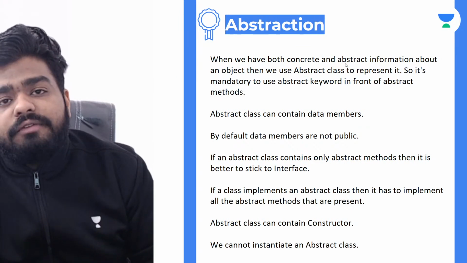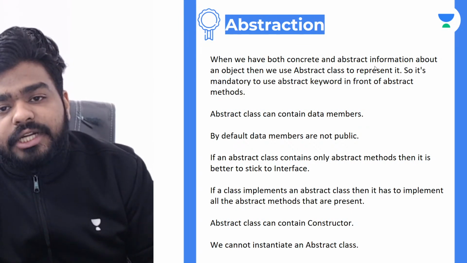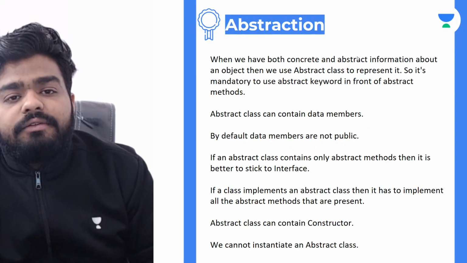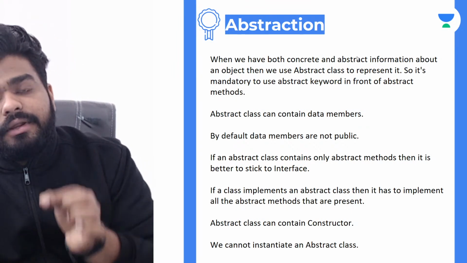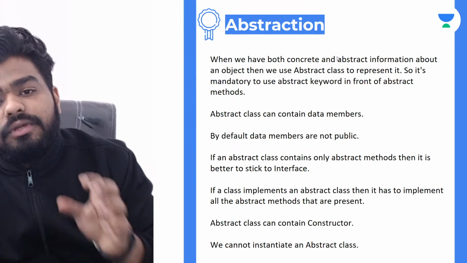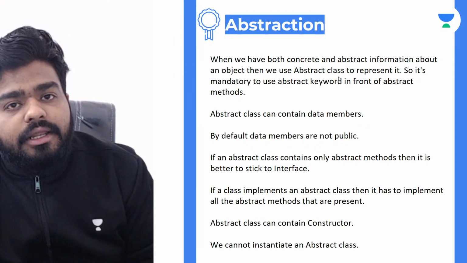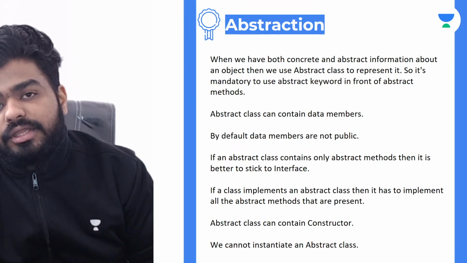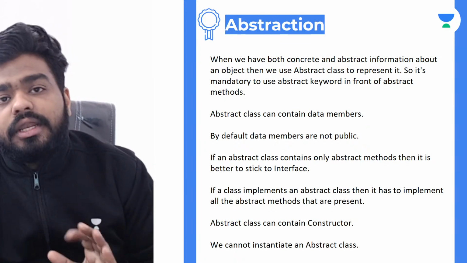Concrete means when we have complete information, and abstract means when we have only half the information. Like we know about width and height, but we do not know about the weight, the design, the properties and other things. This is what an abstract class is.